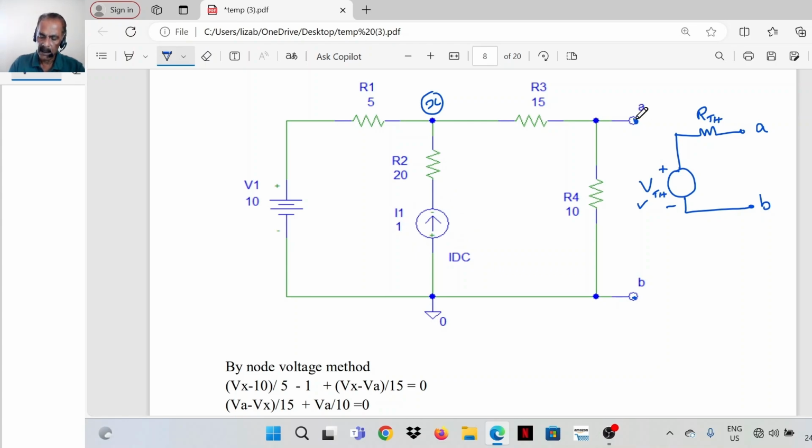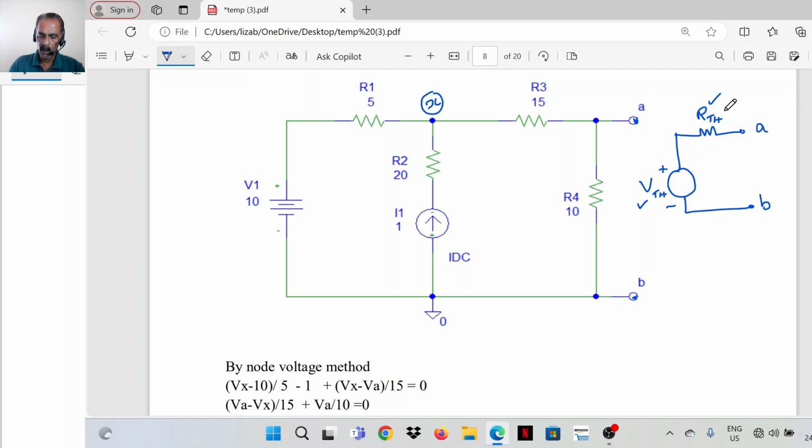And measure the resistance across terminals A and B. That is the value of RTH. So the circuit on the left side of terminals A and B can be replaced with a single voltage source and a series resistance. That means a complex network can be reduced to a very simple network.